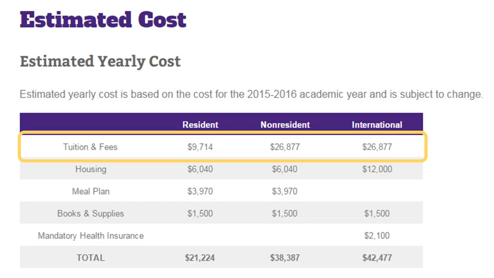Find out, because it's your money and it's your right to know every single thing that your money is going towards. Okay, so for tuition and fees, again, it's $9,714 for a resident and $26,877 for a non-resident. And so for our example, these are the only two items we'll look at.